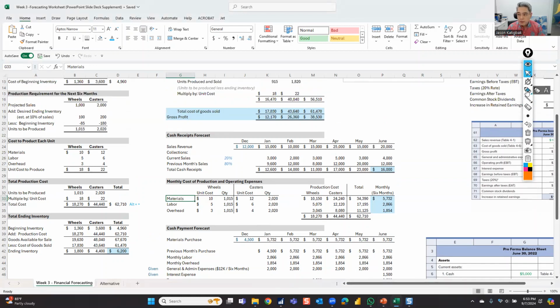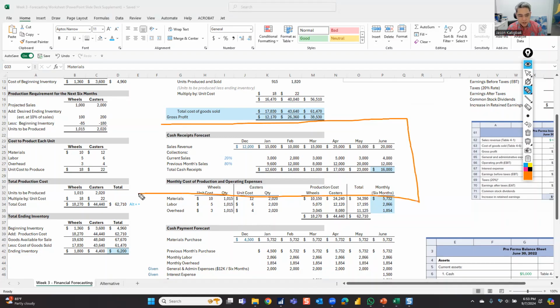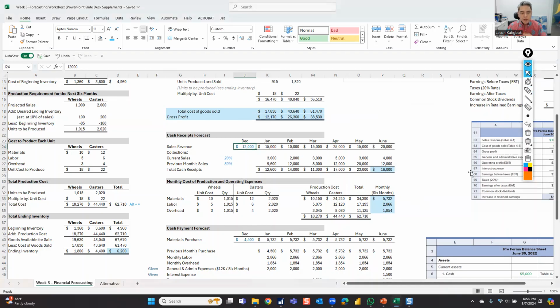So we are now back and focusing on the cash receipts section. So we have December of 12,000, which is actually the prior year, right? So remember, this is 2021, and the rest here are actually 2022.